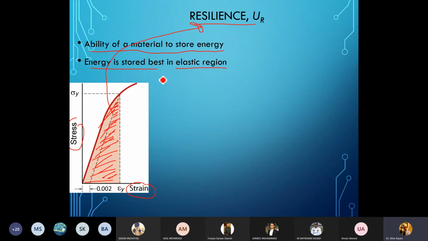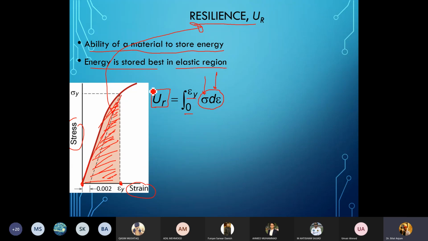How do you find out this energy? You just need to integrate from 0 to the strain up to the yield limit. From 0 to yield limit strain, stress is integrated with regards to the change in strain, and that would give you the area under the curve up till the elastic limit, or the resilience of the material. For this I need a relationship between stress and strain in order to integrate. To simplify, I can assume this line to be a straight line.